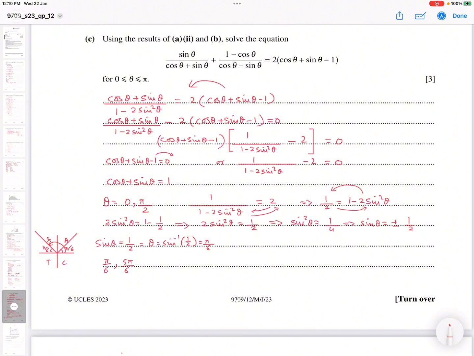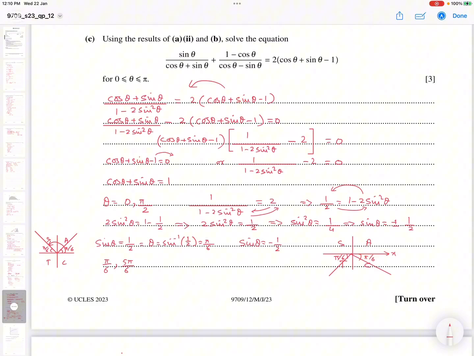Now sine theta equal to negative 1 over 2. ASTC: our sine is negative in this quadrant and in this quadrant. Basic angle is the same, pi by 6 here and here. Basic angle is always made with the x-axis.